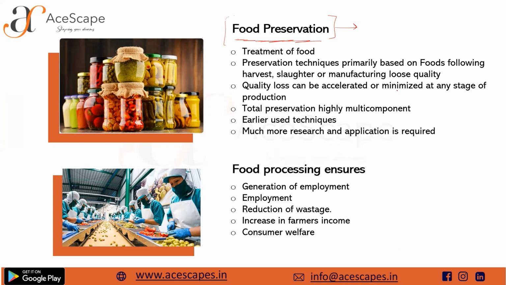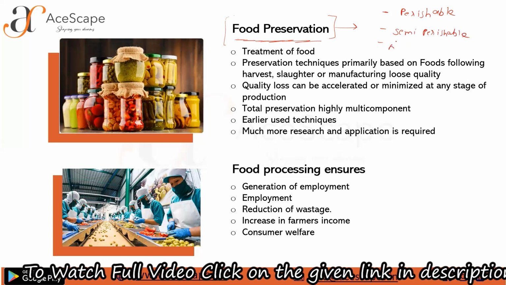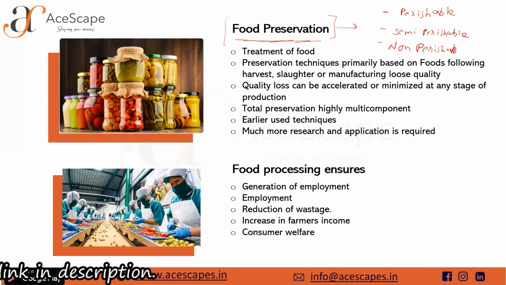Also, we know that we generally divide food into three categories, right? Perishable commodity, semi-perishable, and non-perishable. Here we are talking about raw materials, like fruits, vegetables, and other raw ingredients. We categorize those products into three categories: perishable, semi-perishable, and non-perishable.